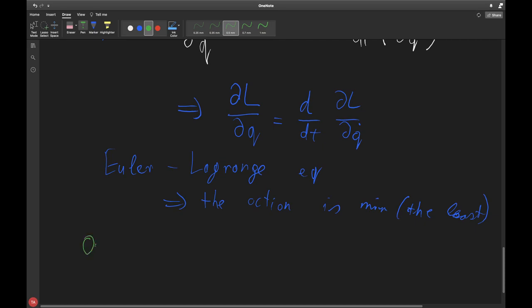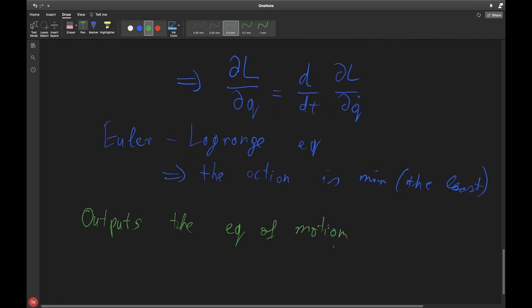So these output the equation of motion, and so by that we can say that this is the solution to any problem.